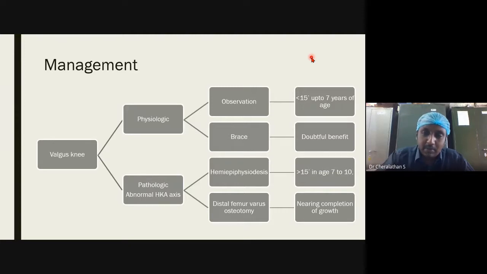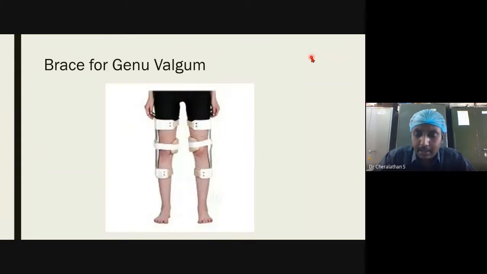In individuals who are nearing completion of their growth or who have already completed their growth, you cannot try hemiepiphysiodesis. In those cases, you have to do distal femoral varus osteotomy. Now, this is the brace I was discussing.